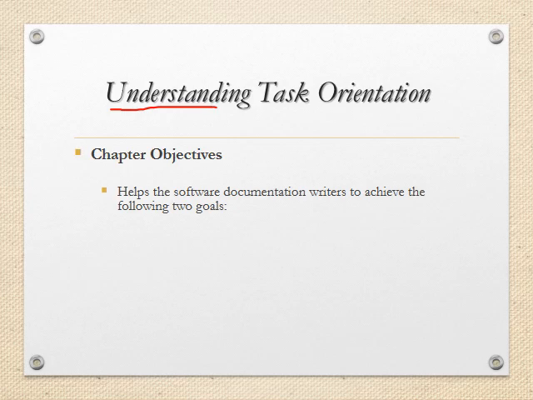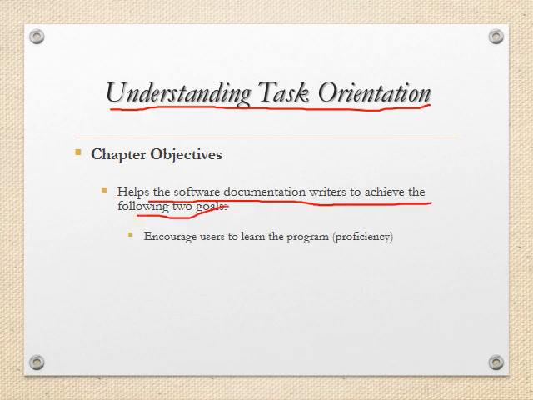Chapter 1, understanding task orientation, as we mentioned. This chapter aims to help software documentation writers achieve two goals. The first goal is to encourage the users to learn the program, and we call this proficiency.